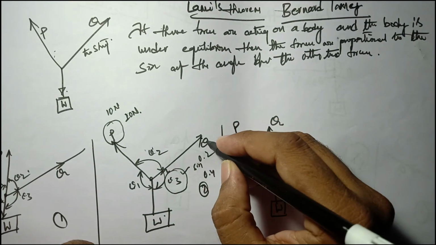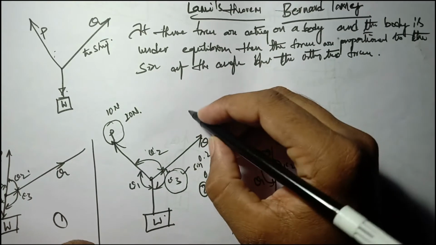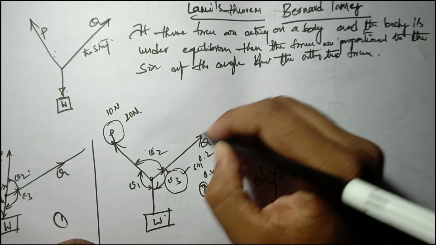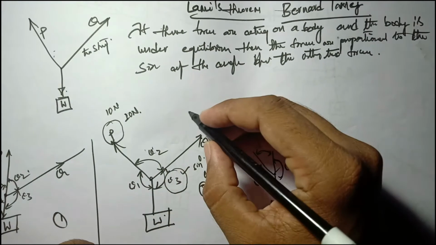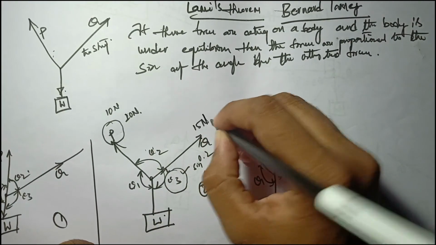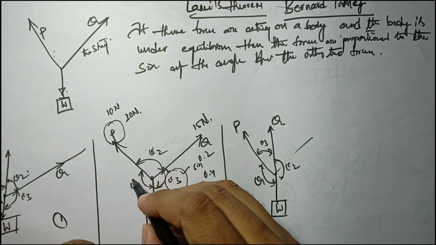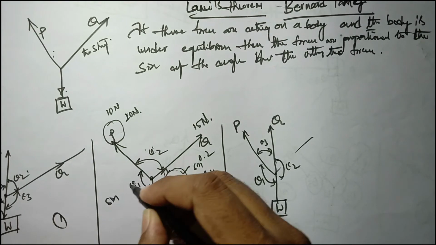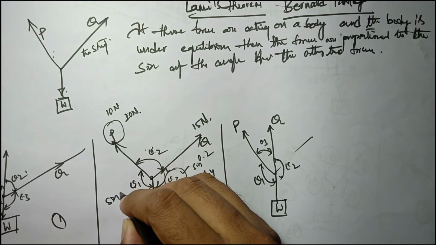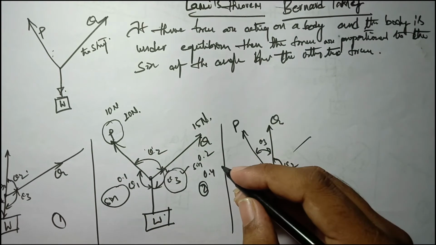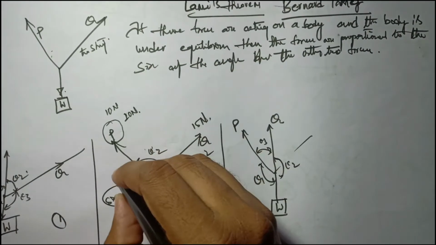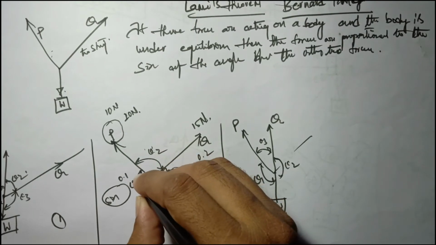Suppose you consider Q as an example. Say along the Q string there is a 50 Newton force acting, with some sine value, say 0.1.